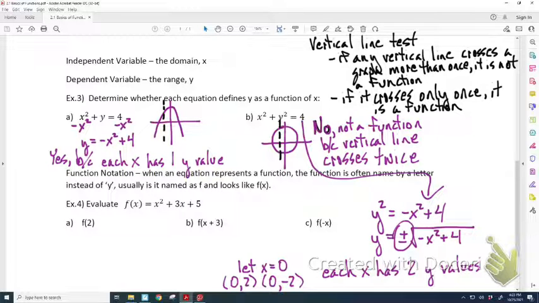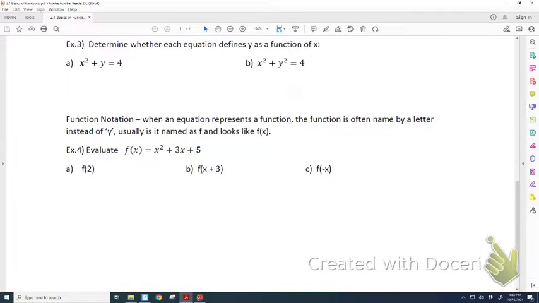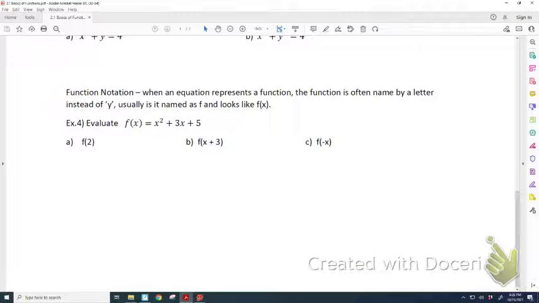All right, let's look at number 4 real quick. We have a function, f of x equals x squared plus 3x plus 5. All you do is you plug in the number that's in the parentheses in place of x. So I'm going to put 2 right there and right there and see what I get.